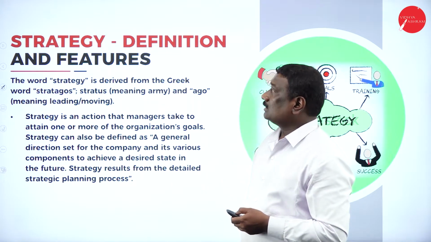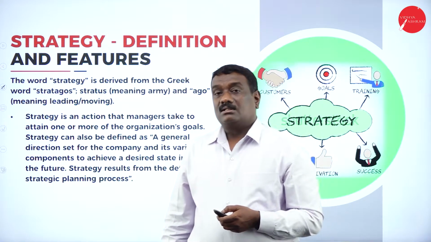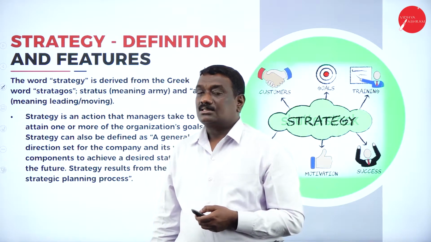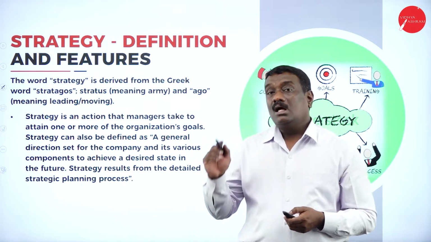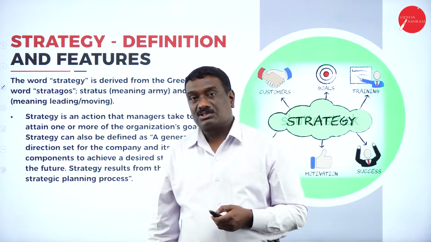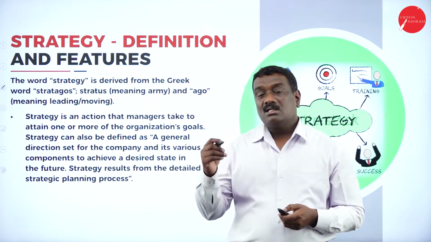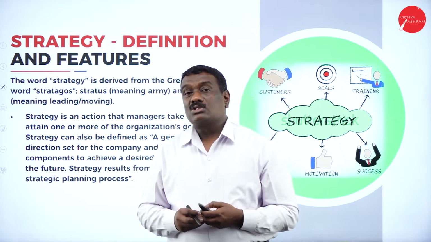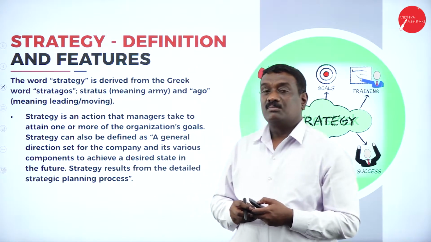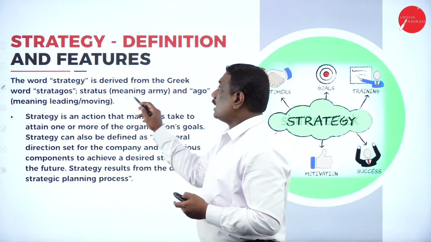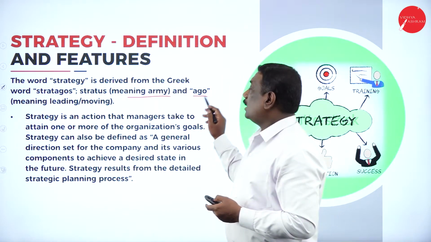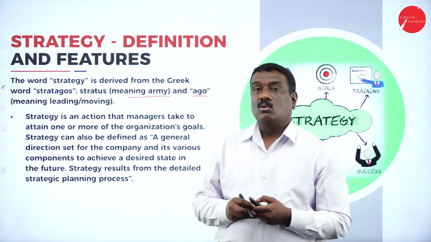Now students, coming to the strategy. What do you mean by a strategy? Strategy is derived from the Greek word strategos or stratus. Stratus means an army or an ego.